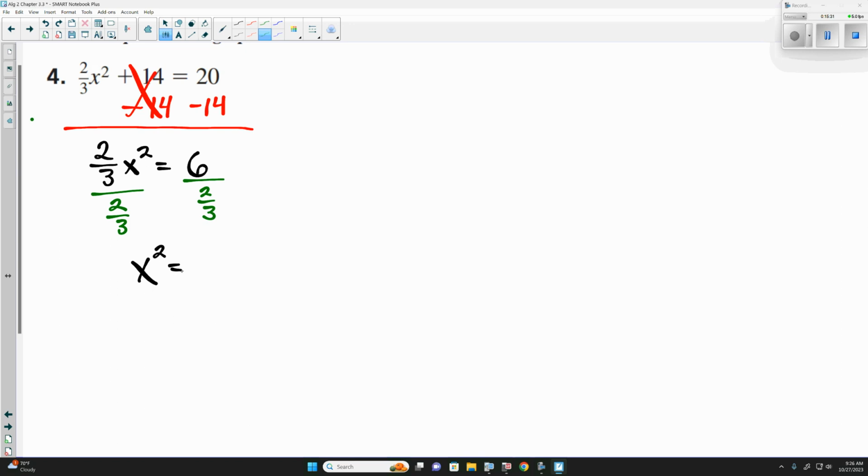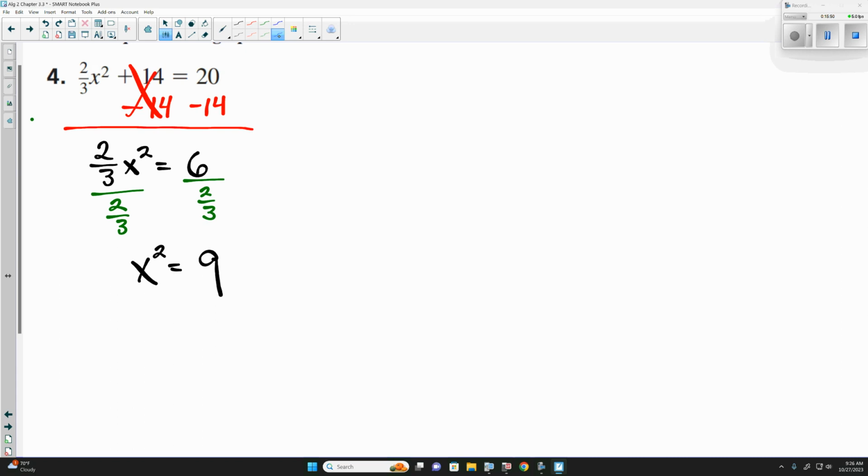And at this point here, exactly, we can do 6 divided by 2/3 in the calculator, which would indeed give us 9. Questions on how we got x squared equals 9? We feel comfortable with this here?